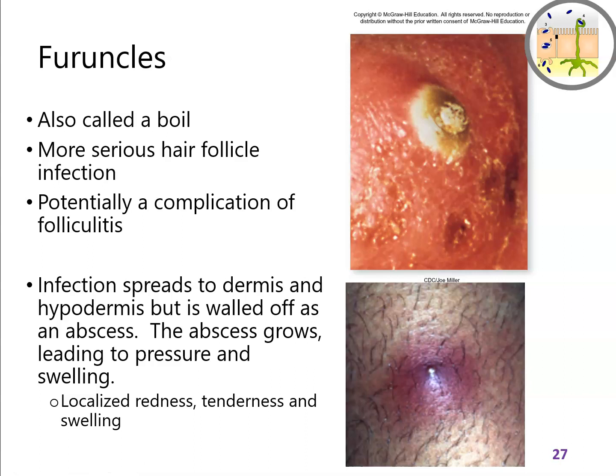And so this can be a complication of folliculitis. And so what we would see would be swelling of the epidermis because of an immune response happening in the dermis. So it's kind of complicated, but the infection is in the dermis.